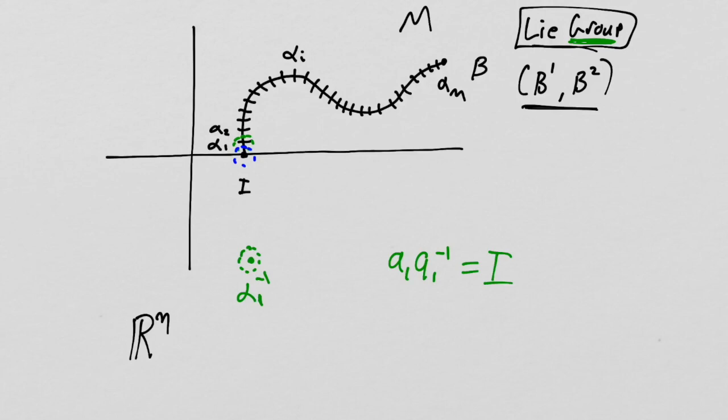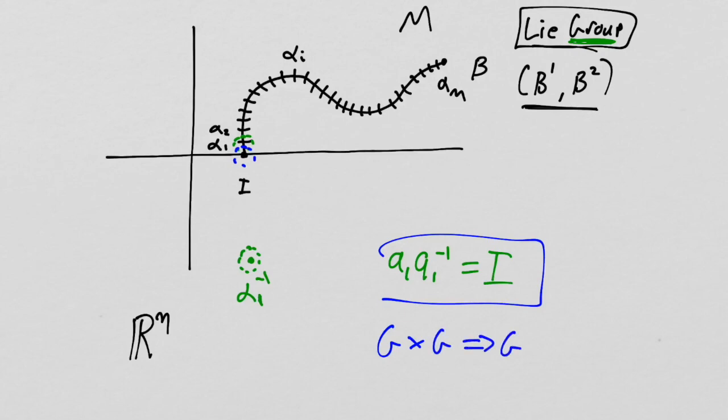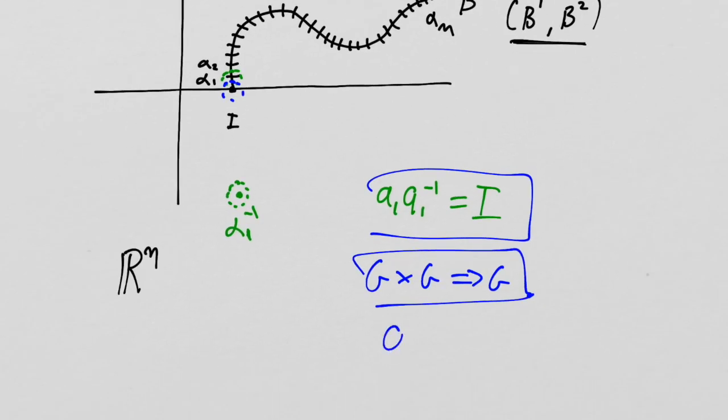The function that's continuous is the function where a group element times a group element gives you a group element. This is continuous. It's going back to the notion that phi of alpha 1 inverse. This function is continuous on the coordinates of alpha.